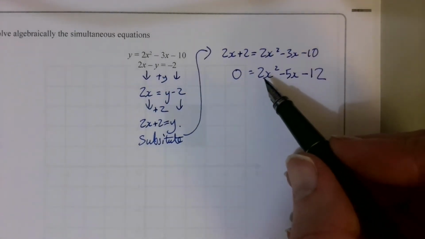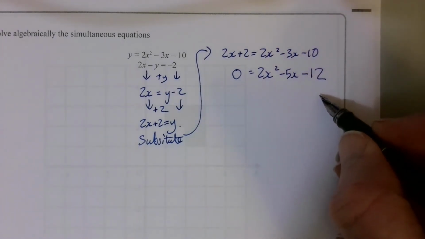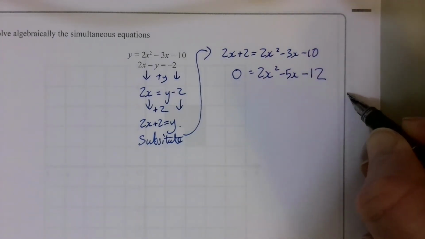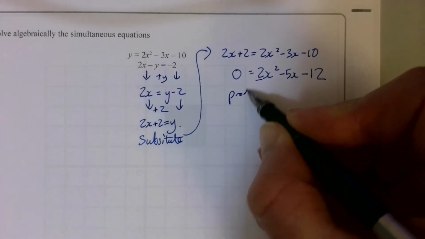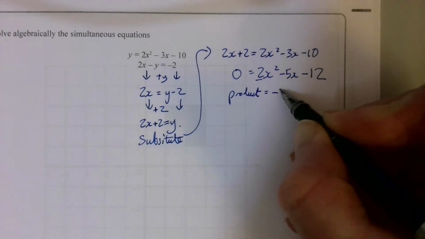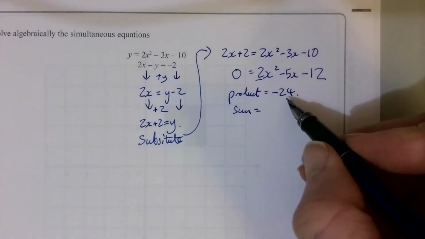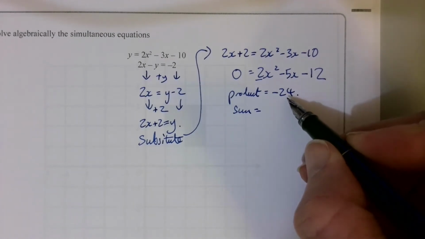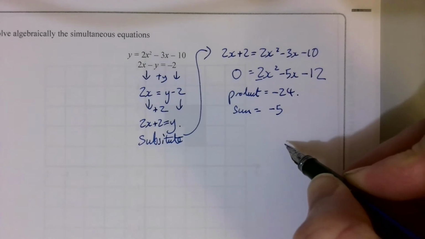Now you may remember that we have to do 2 times negative 12 to say we are looking at negative 24 for our product, and we want the sum or the difference between the two numbers that multiply to make negative 24 to be 5, and then it'll be negative 5.